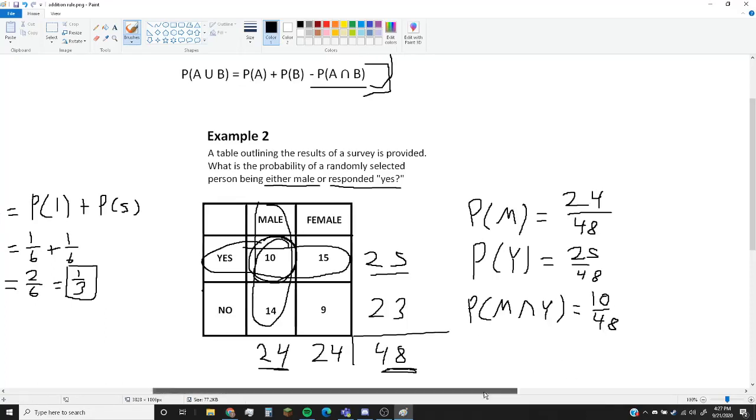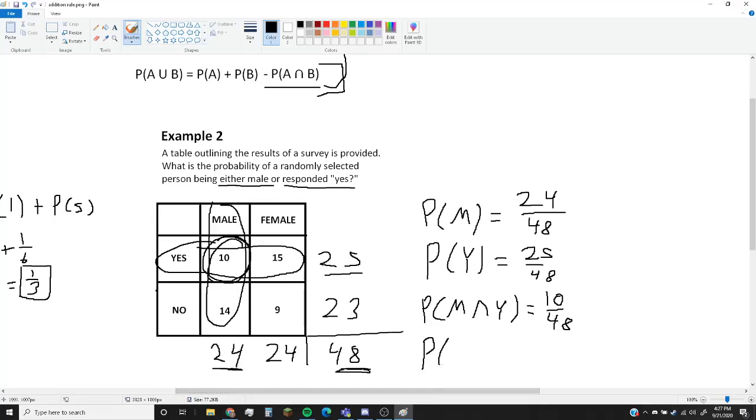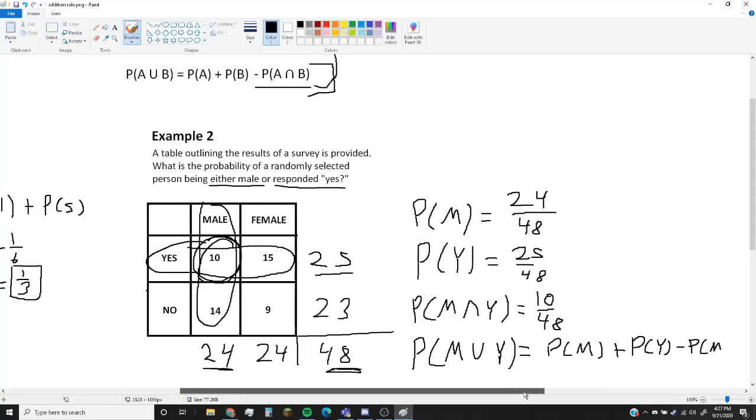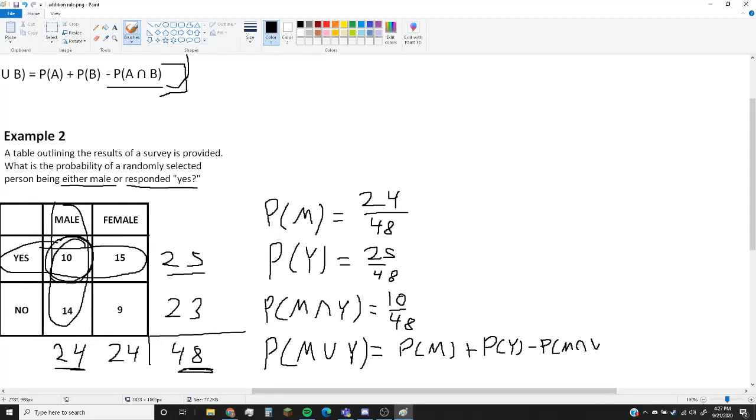So finally, we're going to have the probability of M union Y, in other words, male or yes, and we'll fill in the formula. So we've got the probability of male plus the probability of yes minus the probability of male and yes.